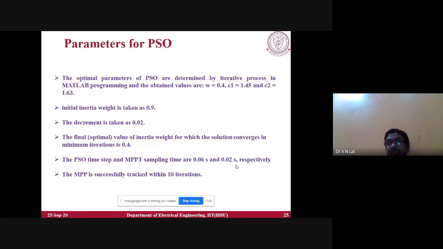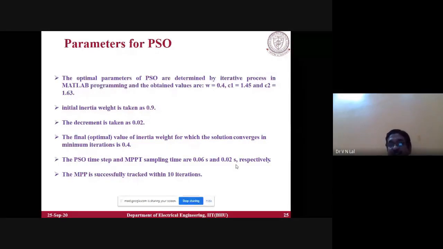The whole system will settle on that particular voltage of the PV array. Power is calculated. All these calculations should be done within these 0.02 seconds. So this is the MPPT sampling time, because according to the voltage reference of particle 1, the whole MPPT process, the whole settlement of the voltage of the PV array, should be done.